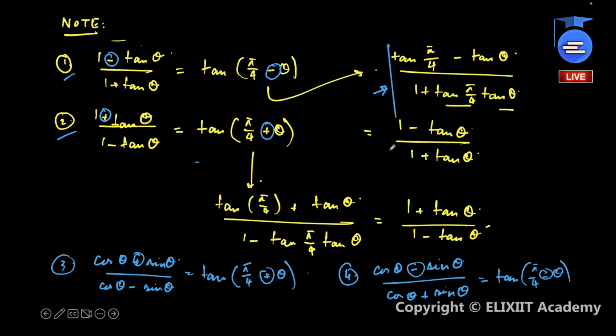Simply we know the formula, we know the format, 1 minus tan theta upon 1 plus tan theta. Once you see this format, directly replace it with tan pi by 4 minus theta. Similarly, when you see cos theta plus sin theta upon cos theta minus sin theta, directly replace it by tan pi by 4 plus theta. Okay.